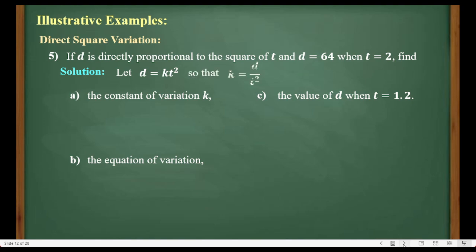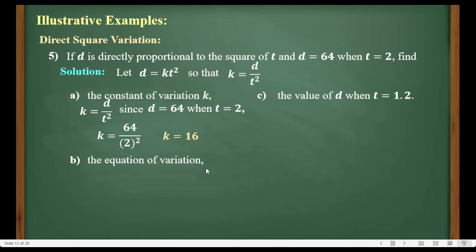And from that equation, we know that k is equal to d over t squared. And making use of this equation, we can solve for the value of k using the initial values of d and t. Okay, substitute the value of d here, and likewise the value of t here. So the resulting expression on the right side from this equation would be 64 for d over t squared, which is 2 squared.